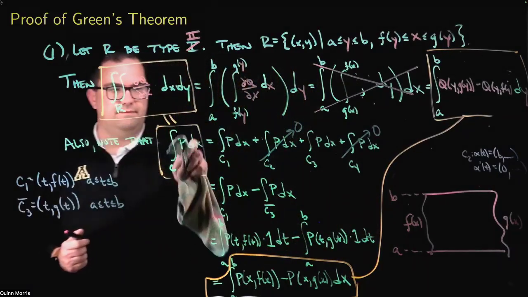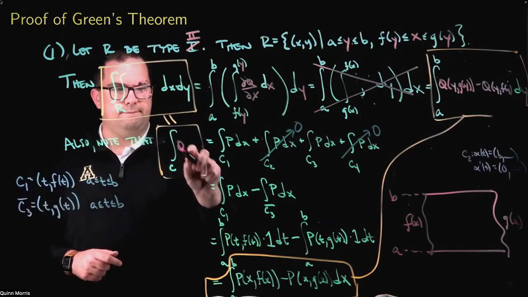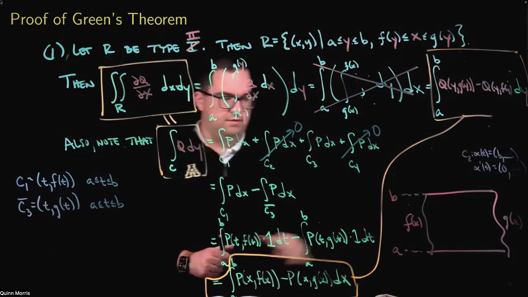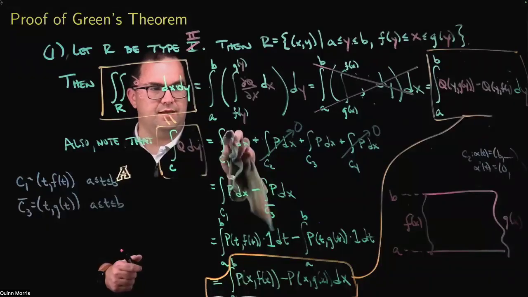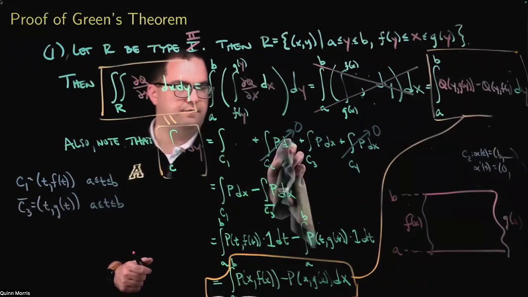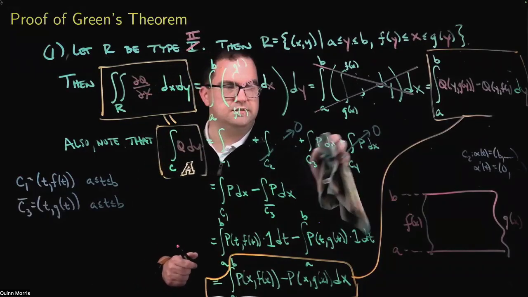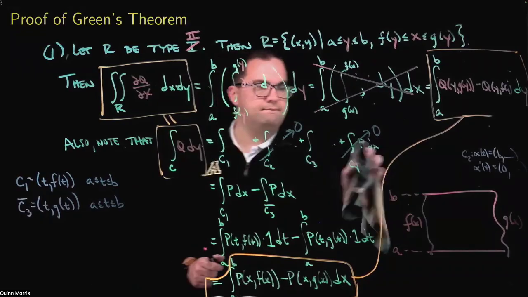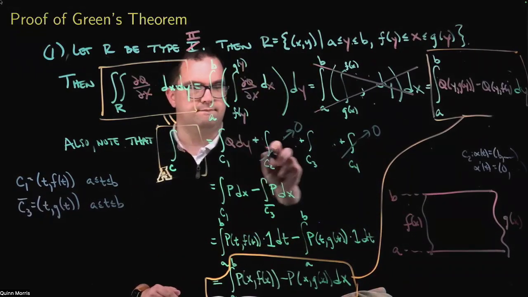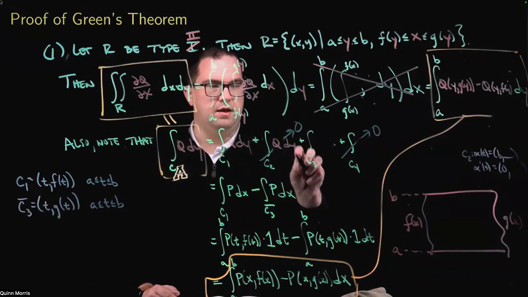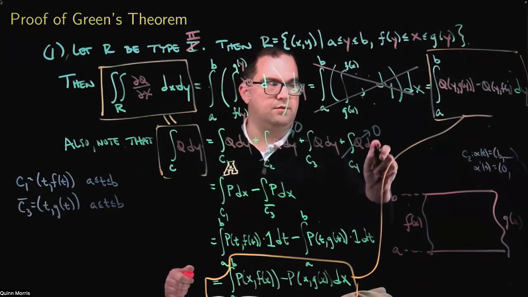Okay, now over here we need a q dy. We're going to break it up into all its parts. So this will be q dy, q dy, q dy, and q dy.